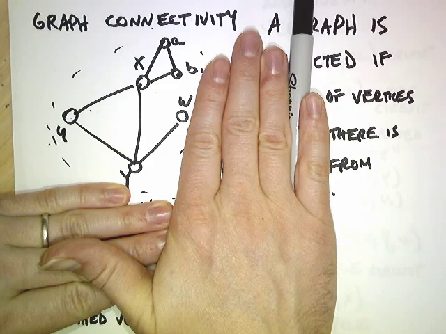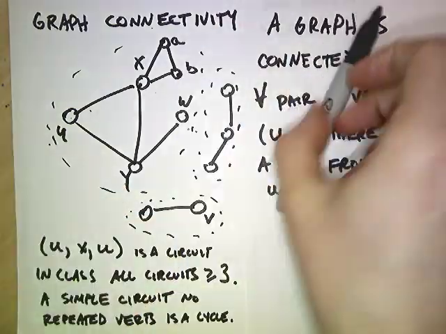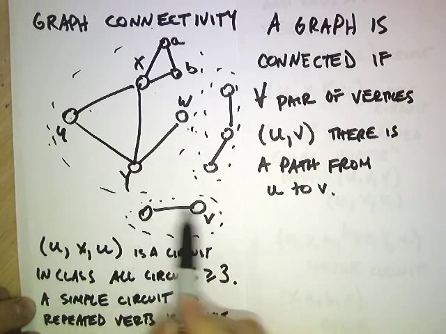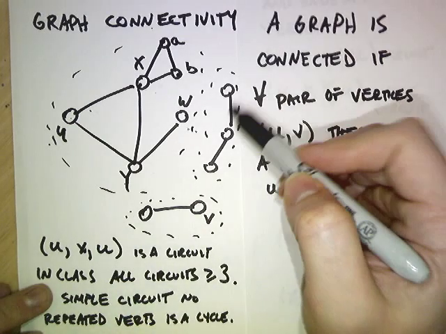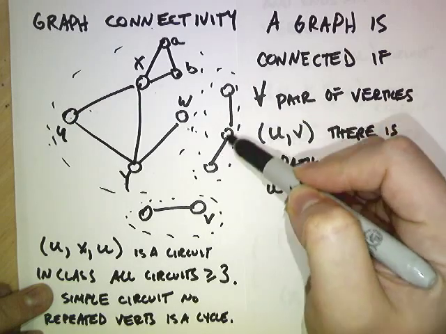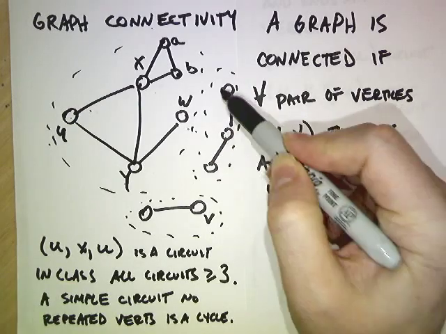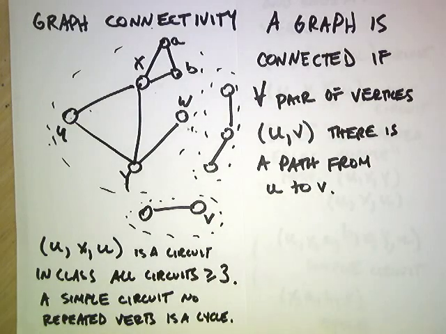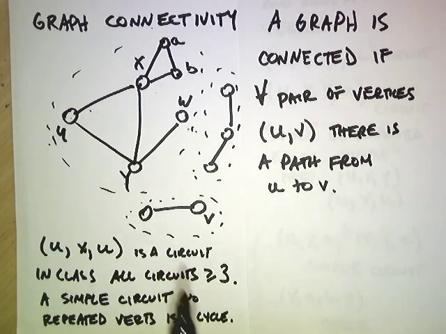For any 2 pair of vertices, you can get from one to the other. The same with this very small graph here. These are the only 2 vertices, and they're connected. And this subgraph here, with these 3 vertices, for any 2 vertices in this subgraph, they are connected. So you have 3 connected components. I'm not going to formally define what a connected component is, but you get the idea.